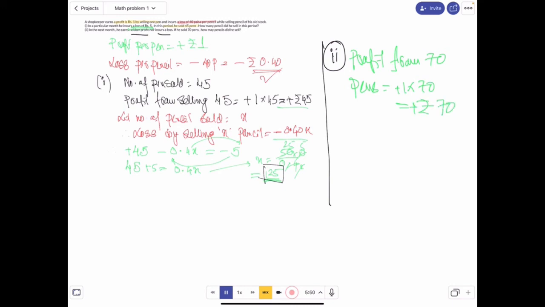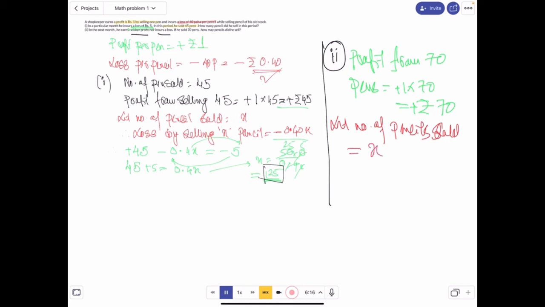But he has not made a profit, so let's say yes, he might have sold some pencils, that's why there was no profit, no loss. So let the number of pencils sold in that month, my handwriting is bad because I'm writing on an iPad for so many days, be x, let's say.